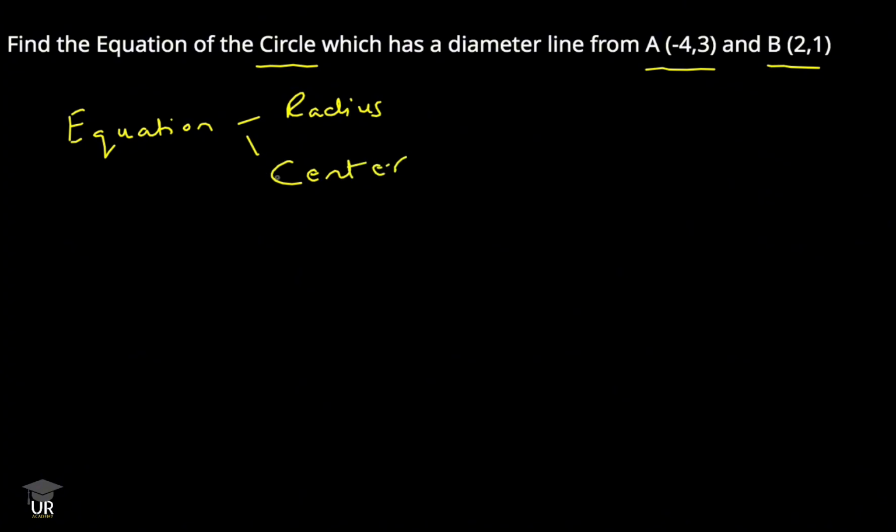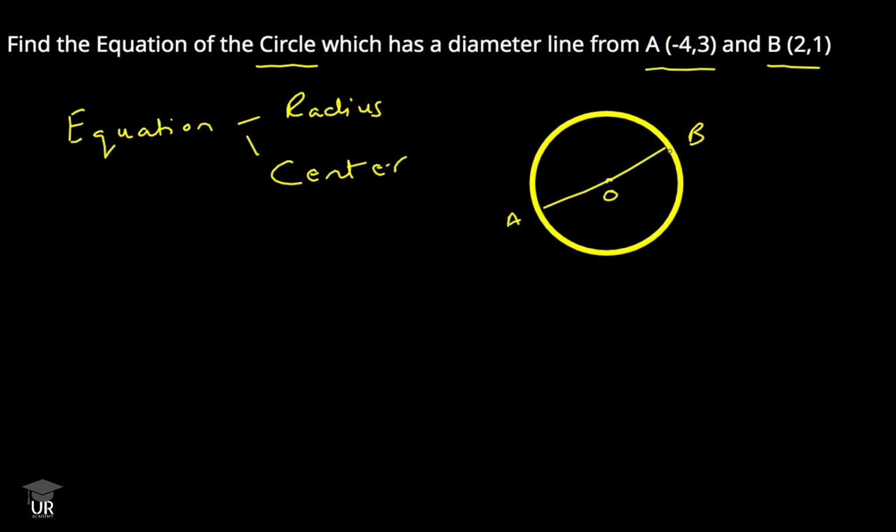So now how will I find the center of the circle? So here is a circle and this is the line of the diameter of a circle. Let's say this is your A and this is B. So the center of the circle will be here, O. Now how will I find this O, the center coordinate?